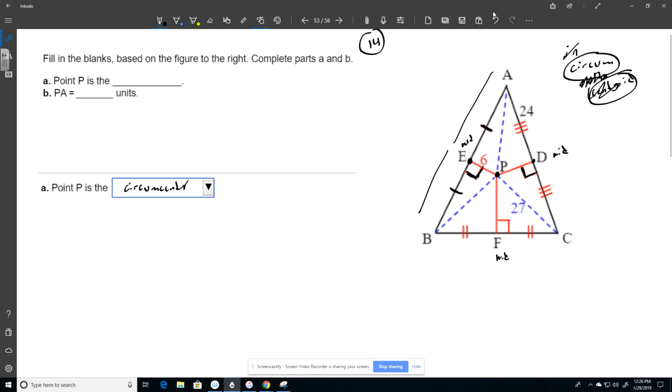And what's cool about the circumcenter, if you remember, is the distance from the circumcenter to each of the corners is the same. So if this distance is 27, then this is also 27 and this is also 27, which means that PA, from P to A, is 27 units. So that's number 14. Yours may not be a circumcenter. You've got to look at the picture and figure out what it's using.